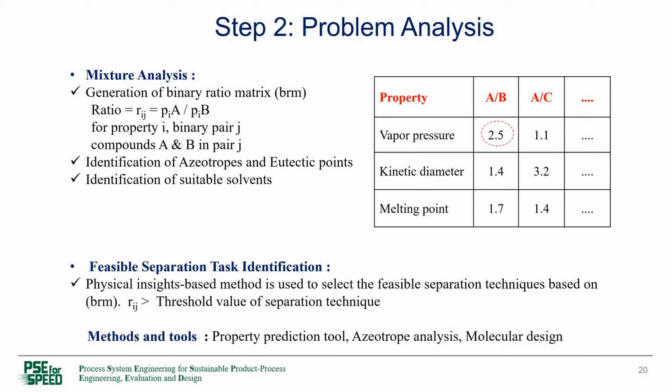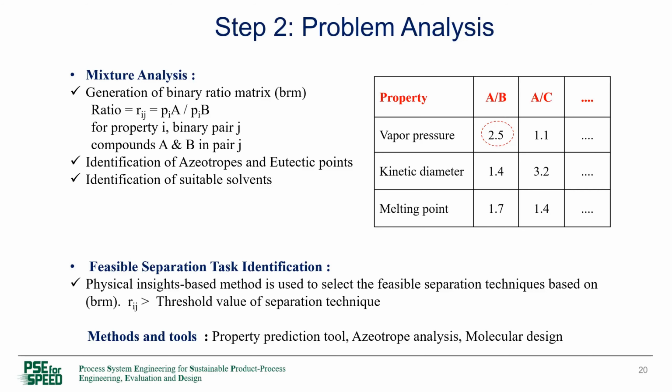So like this, we will find out for the entire set, for every binary pair, what is the separation and which are the separation techniques that can be used. So in that case, we will have a very large table through which we can generate all possible alternatives.